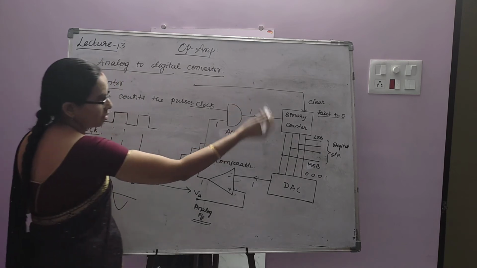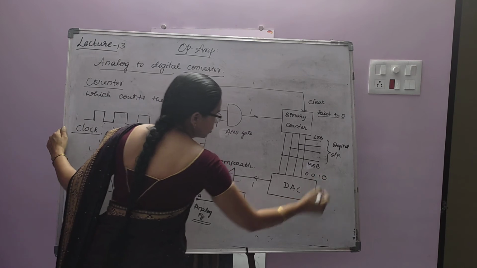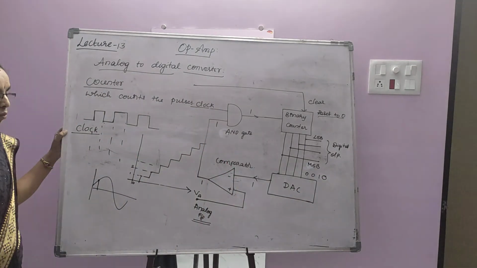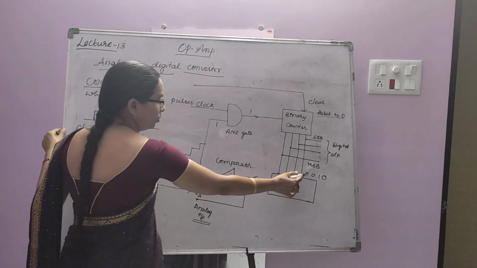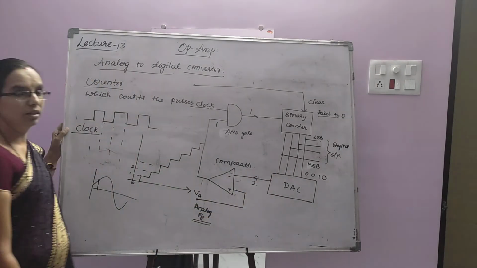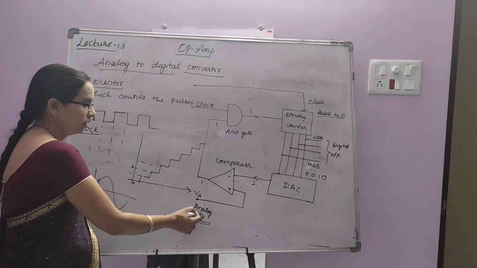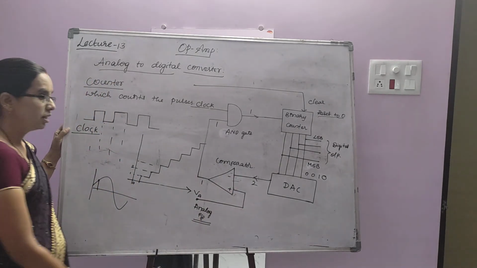The binary counter counts the next clock pulse and the output will be 0, 0, 1, 0. For this output, the analog voltage from the DAC will be 2 volt. The input voltage is again greater.